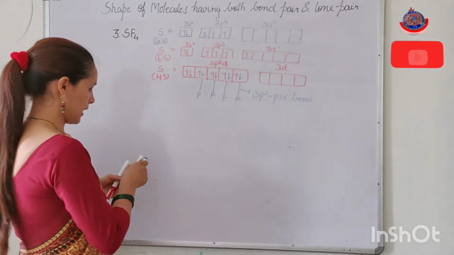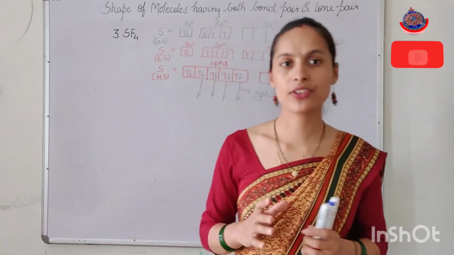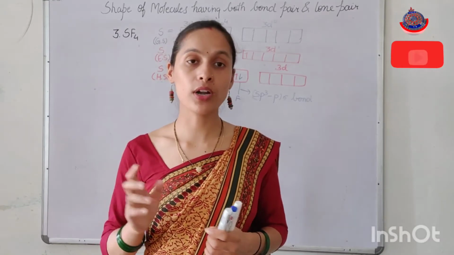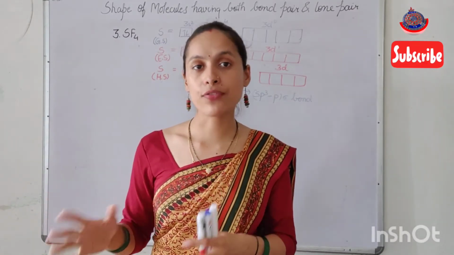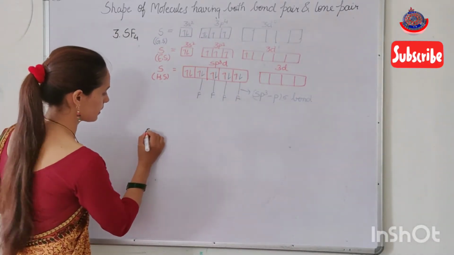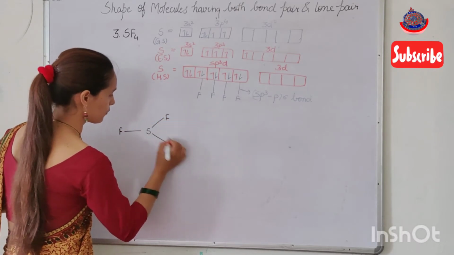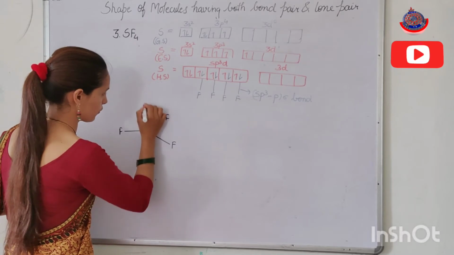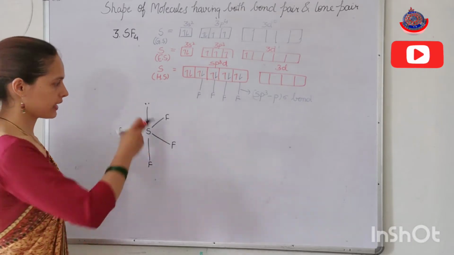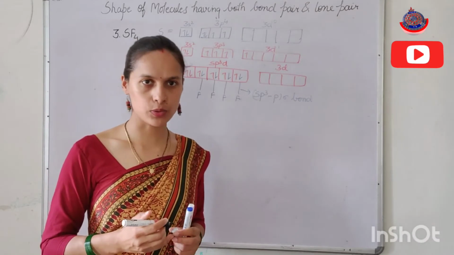Now, in our previous video, we have studied that in trigonal bipyramidal, all the bond angles are not equal. All the bond lengths are not equal due to the difference in the bond angle. Now, suppose SF4 is there, S, F, F, F, F. It is possible that 1 lone pair will occupy the axial position and the 4 fluorine will occupy the other positions.